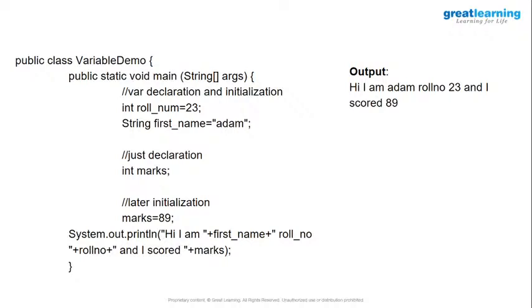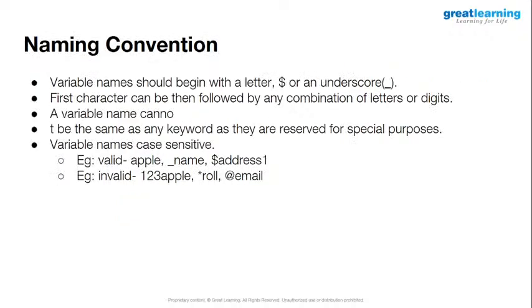Okay, done, right? Now the naming convention. Most of us, when we try to write our variable names, need to follow these particular steps. We need to have a clear naming convention, right? So a variable name should begin with a letter, a dollar sign, or an underscore. What do you mean by underscore? There's a small dash which will be present.